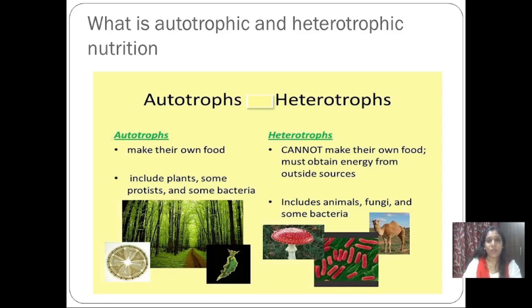I know you all must be thinking one thing, that is plants. Very good. Plants make their own food. And heterotrophs cannot make their own food. So what is an example? Animals. Very good children. So animals, fungi, some bacteria. In autotrophs also there are some bacteria who make their own food, who do not depend on anyone.